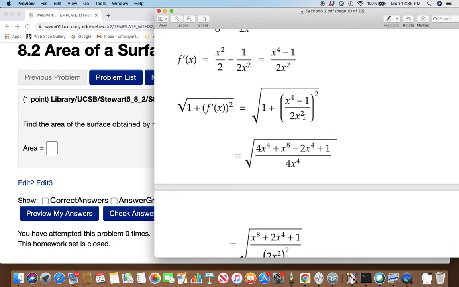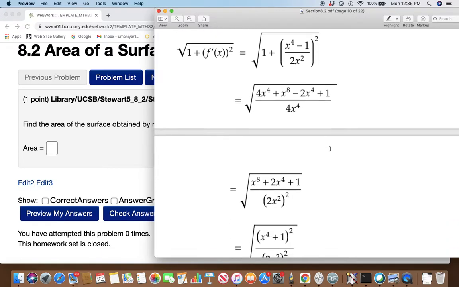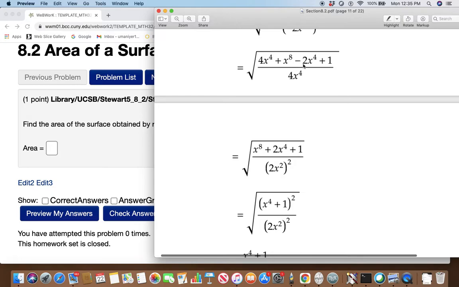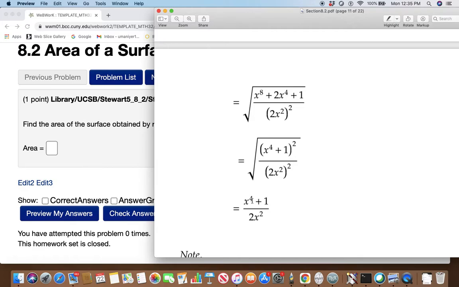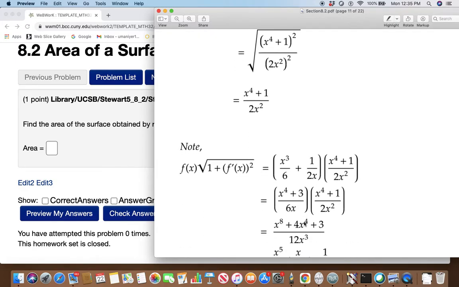When you square this expression and take common denominator, you get 4x to the fourth as a denominator times 1 is 4x to the fourth plus. This is a complete square, so x to the eighth minus 2x to the fourth plus 1. Combining like terms, you get x to the eighth plus 2x to the fourth plus 1 over 2x squared, squared. Square root of all this is x to the fourth plus 1 over 2x squared.